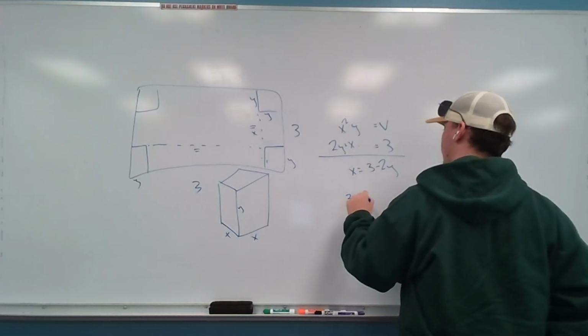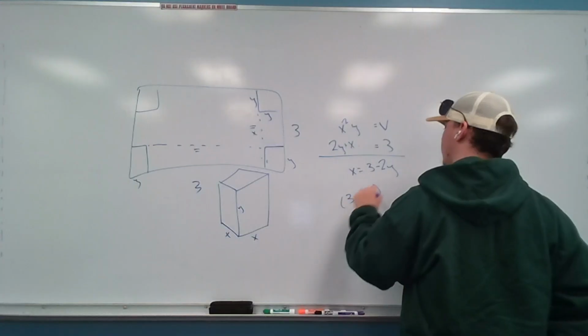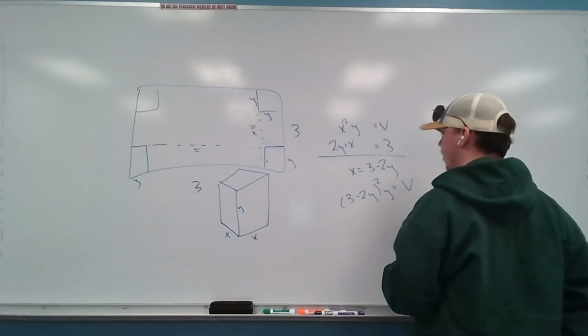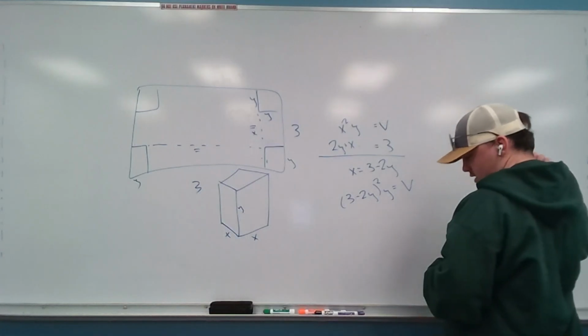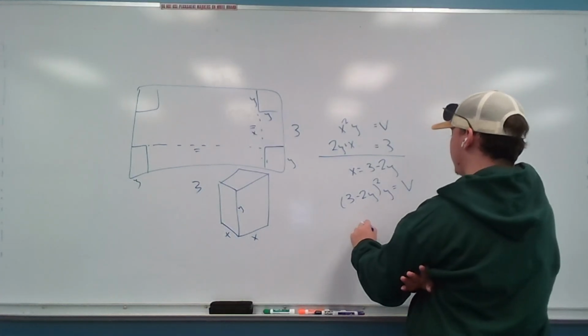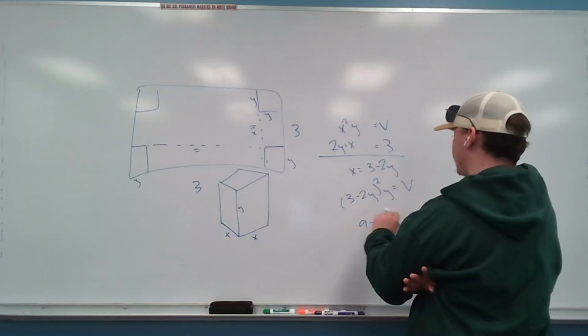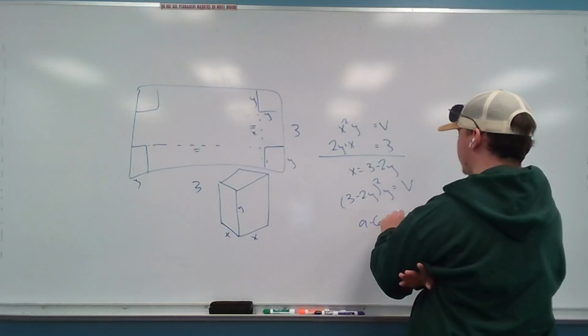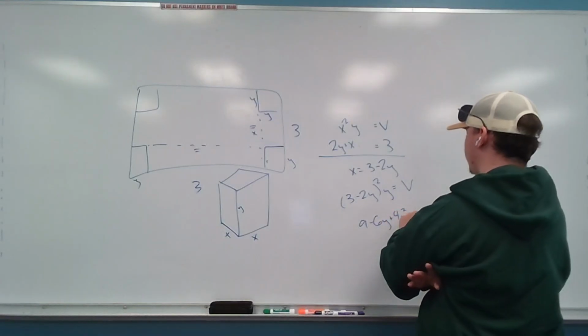So 3 minus 2y squared times y is going to be equal to our volume. Now all we have to do is, well, I would simplify this first just to make it easier. 9 minus 6y plus 4y squared.